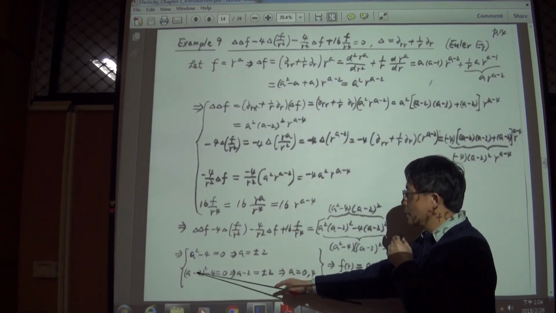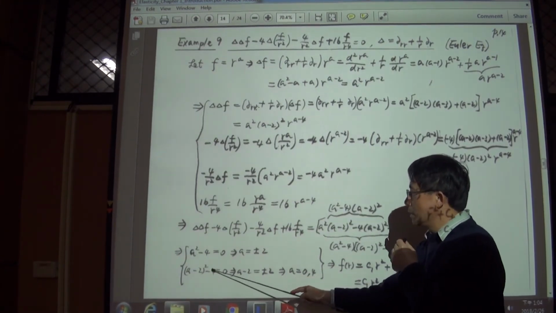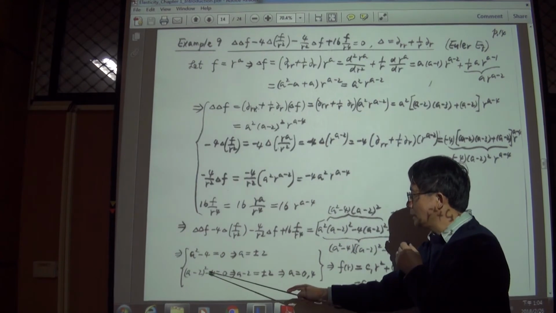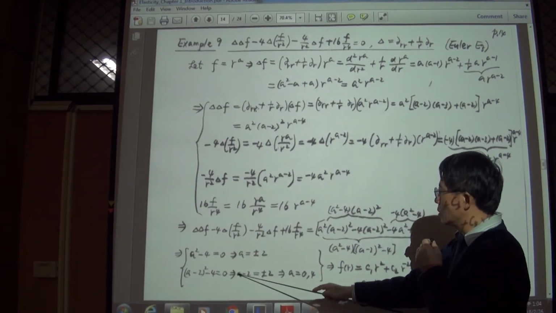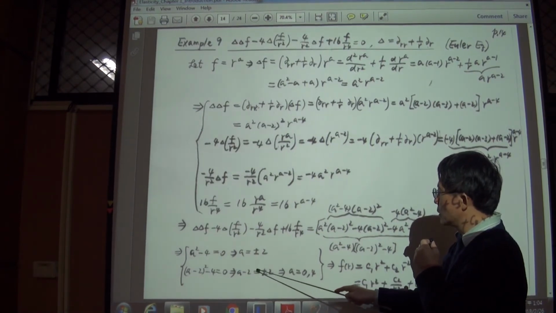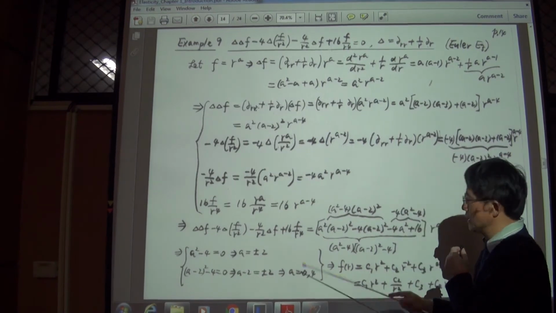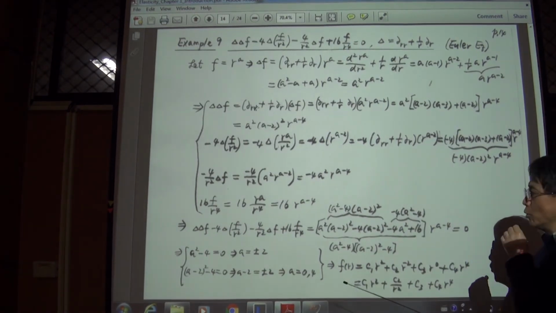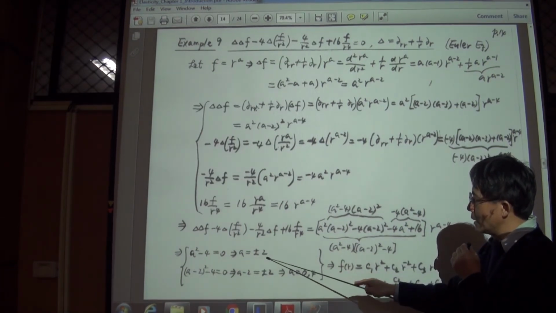And this one means that (a minus 2) squared equals 4, so a minus 2 equals plus or minus 2. So a equals what? 2 plus or minus 2, so a equals 4 and 0. Okay? So we have 4 roots: a equals 0 and 4, and a equals plus and minus 2.